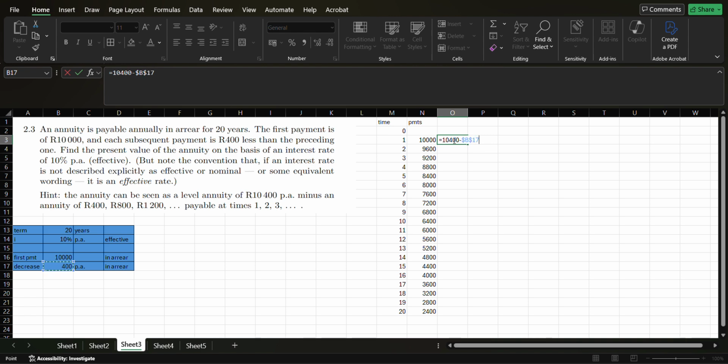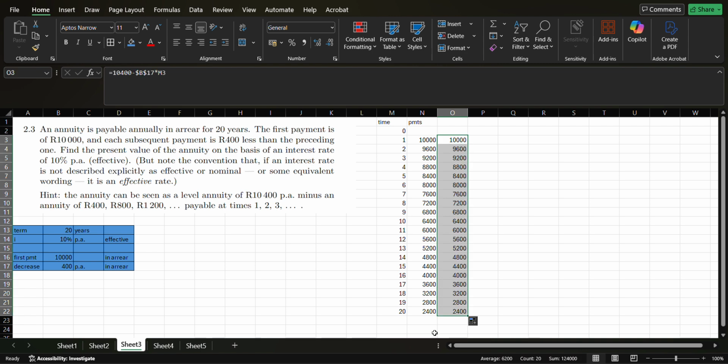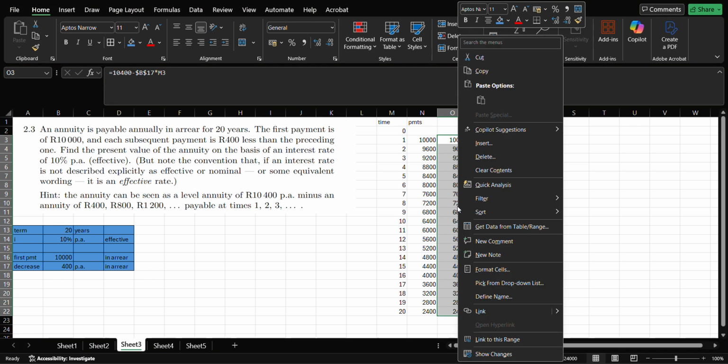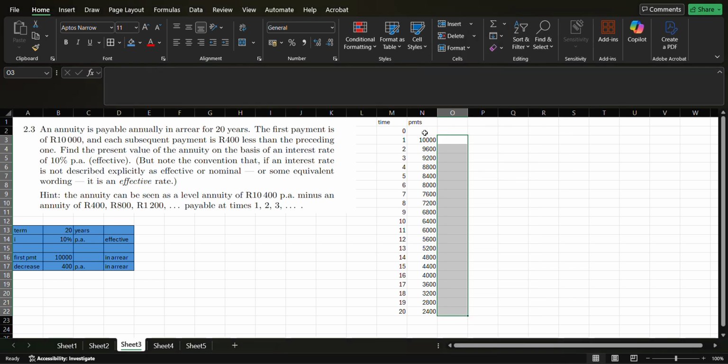Minus the constant difference, which is 400, times the time that you're at. So here it'll be minus 400 times 1. Here it'll be minus 400 times 2. Here it'll be minus 400 times 3. And then it'll give you the exact same payment structure. So there's multiple ways to get to the same answer. Just pick your poison. And I like the poison that I picked here. So we're going to go with that poison.